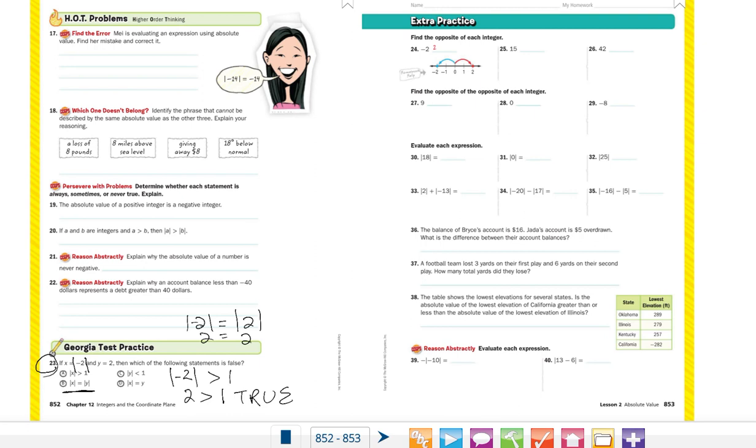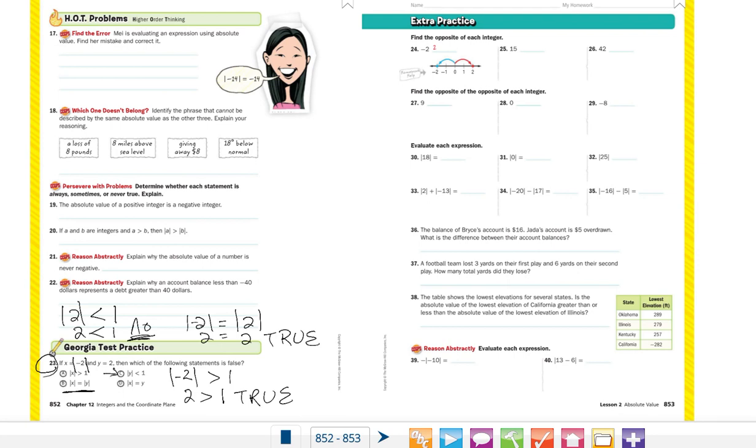The answer is yes, so that is true. Take a look at C. The absolute value of y, which is 2, is it less than 1? Is 2 less than 1? No, 2 is not less than 1.